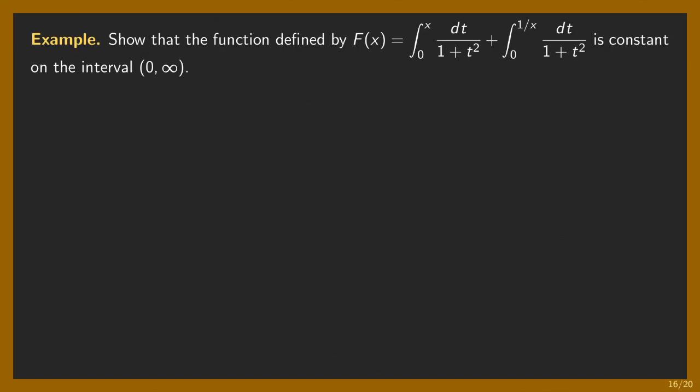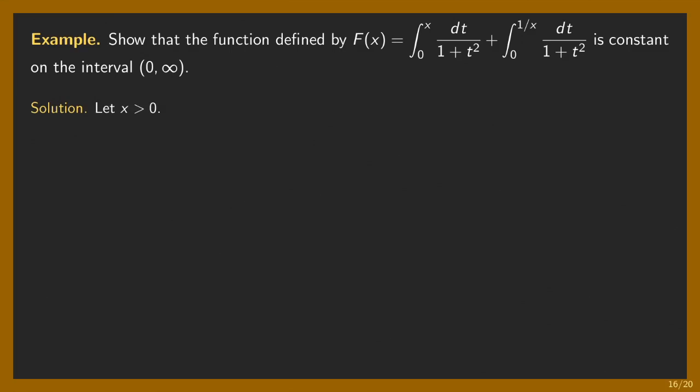So my goal is to prove that this is constant by proving that its derivative at every point in this interval is 0. But first, is it really differentiable? Upon inspection, these functions are continuous on this interval, so by the second fundamental theorem, we are guaranteed that these two indefinite integrals are differentiable.